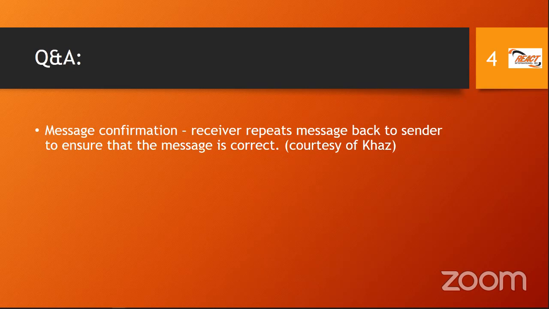Kaz indicated that an additional very important technique used by reactors, and certainly should be used by amateur radio operators, is message confirmation. That is, the person receiving the message should repeat back the message to the sender to ensure that the correct message was in fact received. All right, so that's message confirmation, and we thank Kaz for his contribution.